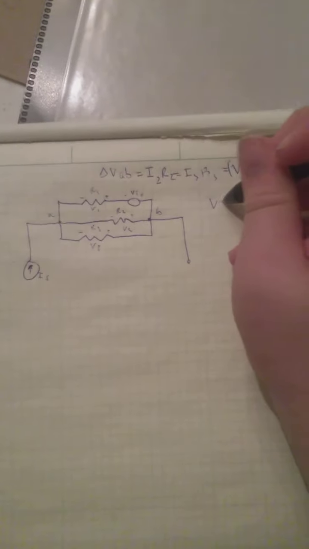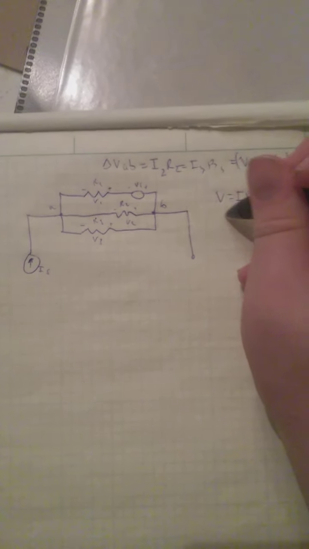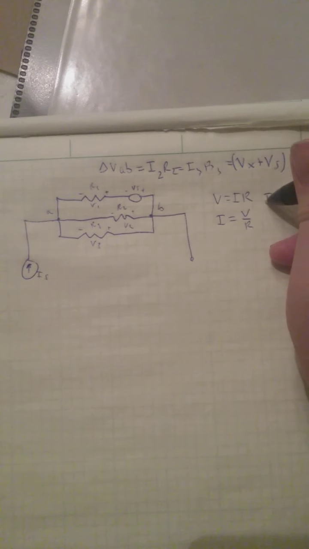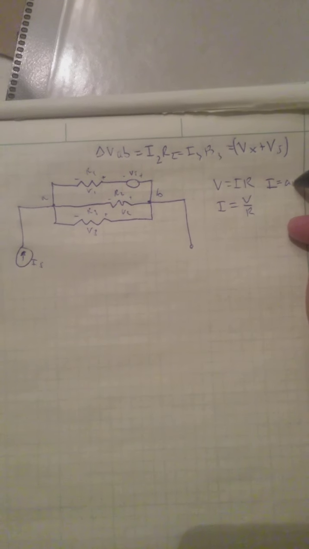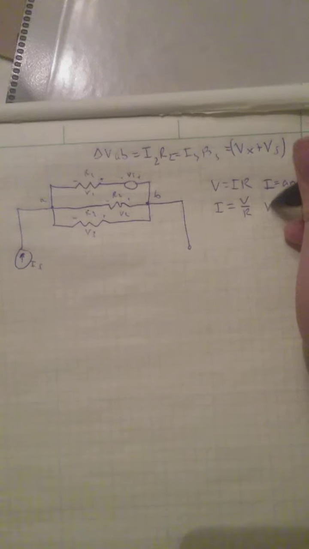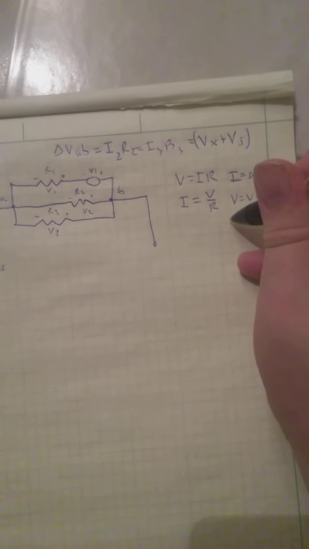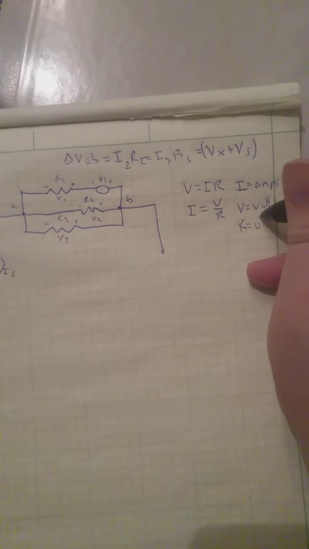So remember that V is equal to IR, I is equal to V divided by R, where I is the current, which is amps, V is volts, and R is ohms.